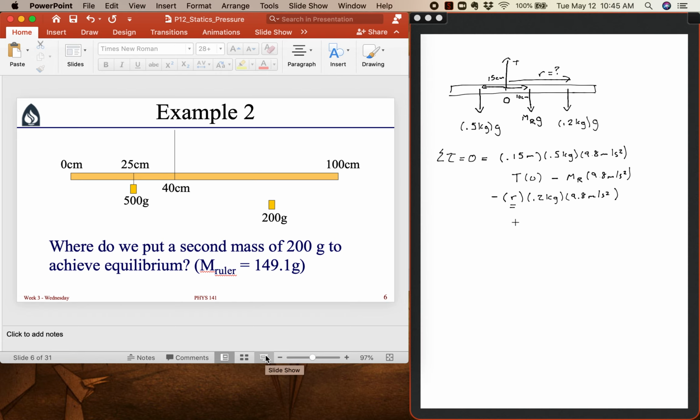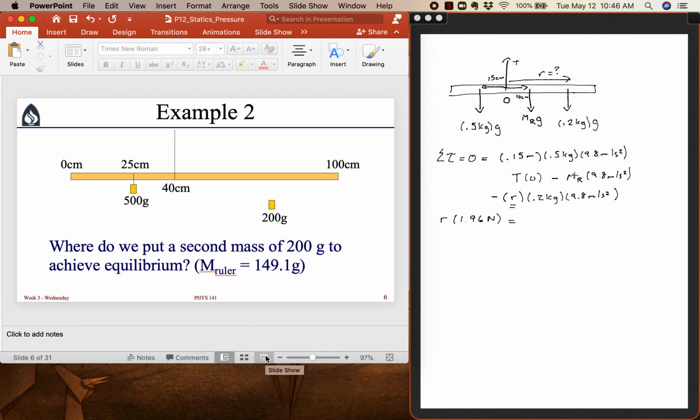So if I move this term to the other side of the equation, I would get R times 0.2 kilograms times 9.8 meters per second squared, that is equivalent to 1.96, and the units would be newtons, and that's going to be equal to 0.15 all of this multiplied together, minus the mass of the ruler times 9.8.